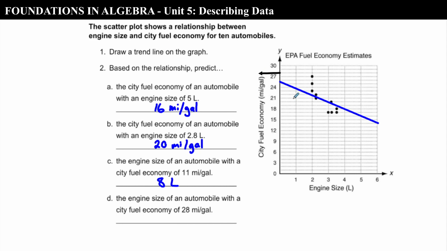So here we would have to say that our engine size is 0. You cannot have an automobile with a city fuel economy of 28 miles per gallon, at least not in this case. So hopefully that gives you an idea of what to do when the data goes off the graph. We showed it in both directions here. All right, that's it for this section of notes.